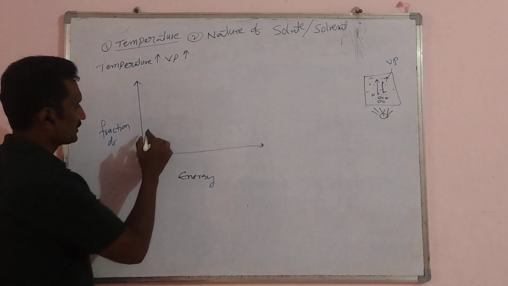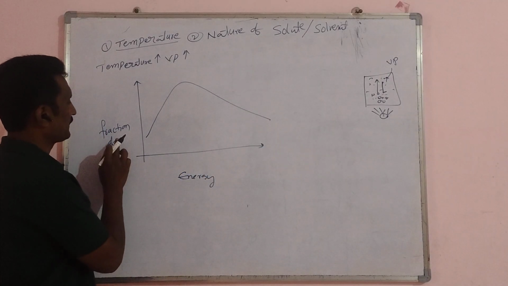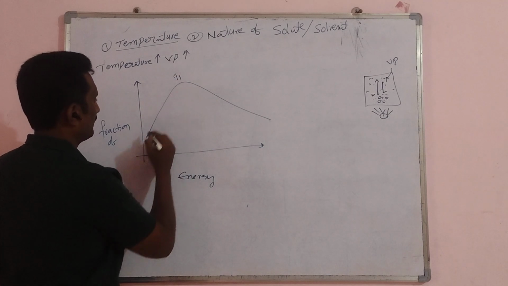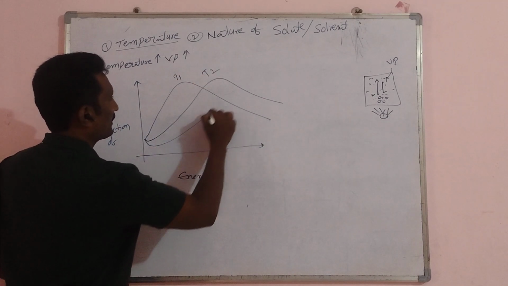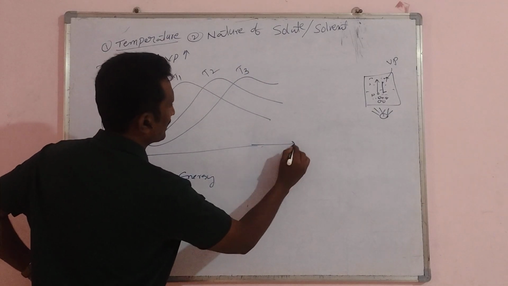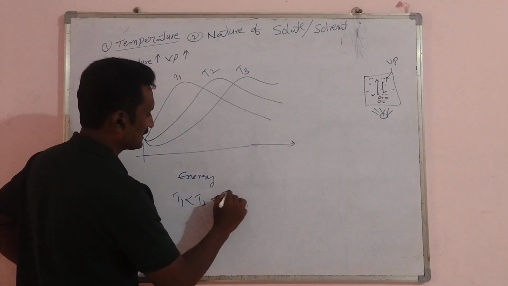So first temperature. For example, this is the curve plotting energy versus fraction of particles. This is the first temperature T1. Next the second temperature T2, next the third temperature T3. Different temperatures are there. Obviously T1 is less than T2, and T2 is less than T3.